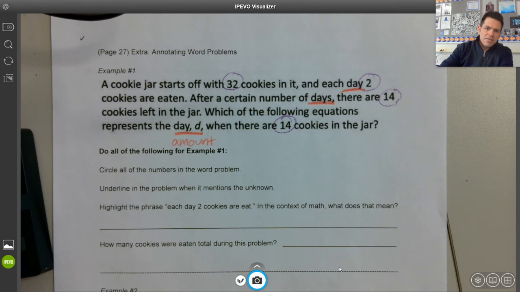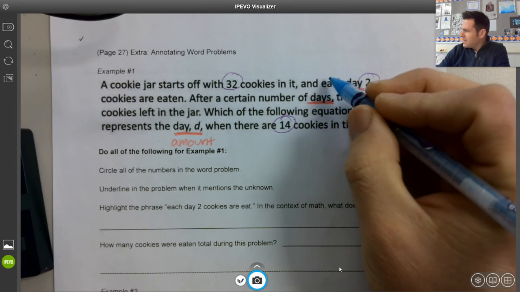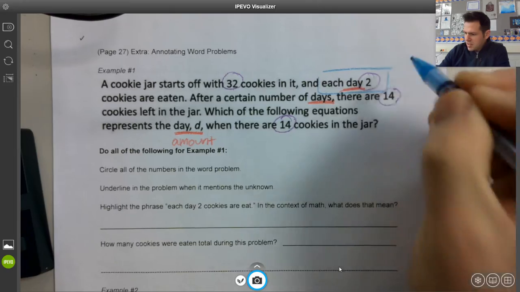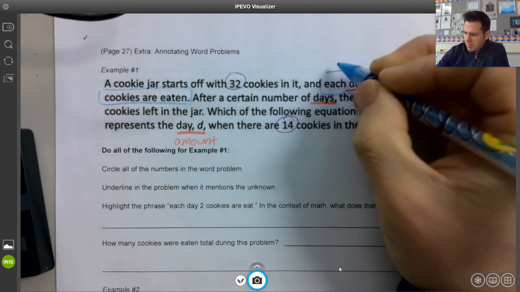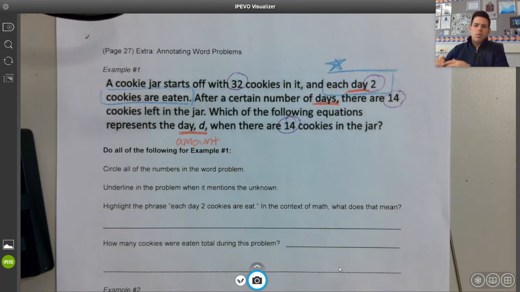It does say highlight the phrase each day 2 cookies are eaten. So I want to highlight this. Maybe I'll just box it here for time's sake. And I want to make specific note of the word each. We're aware that in math, especially in algebra, we have certain rate words: each, every, per.